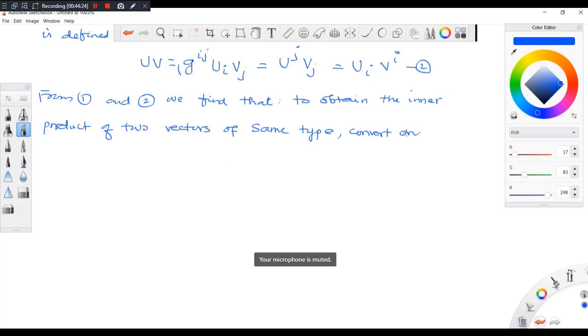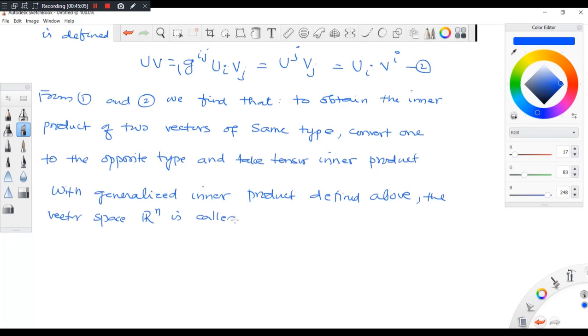And tensor inner product with the generalized inner product defined above, the vector space Rn is called generalized inner product space.